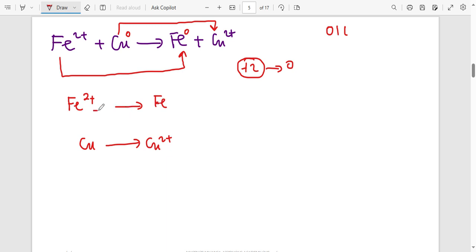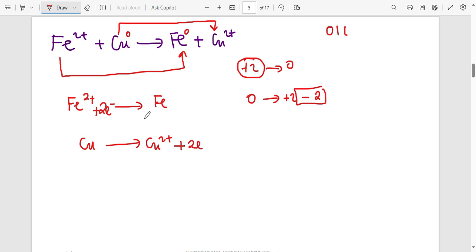Now removing a 2 is the same as adding 2 electrons. So I'm going to add 2 electrons on the reactant. And for this other one, you can see it is moving from a charge of 0 going to a charge of positive 2, meaning that I'm going to add electrons to this side. Adding electrons is the same as subtracting a 2. So I'm going to add 2 electrons on the product side.